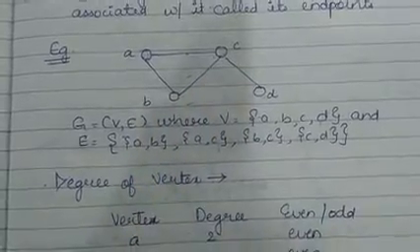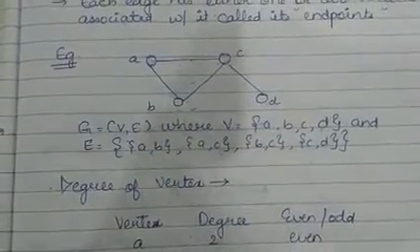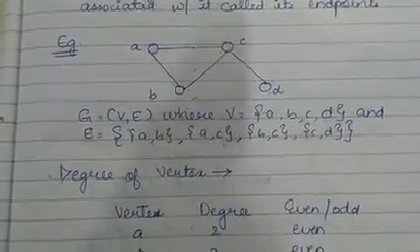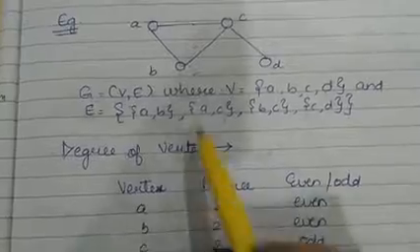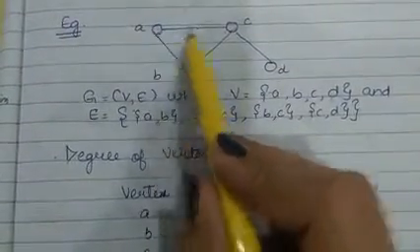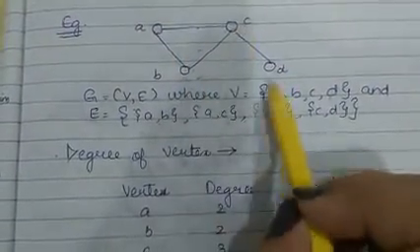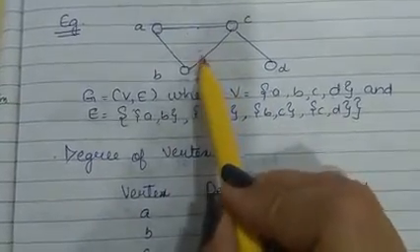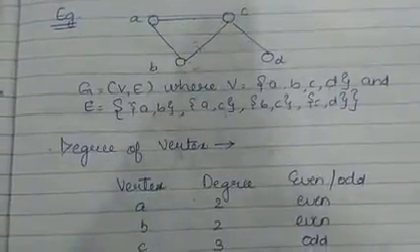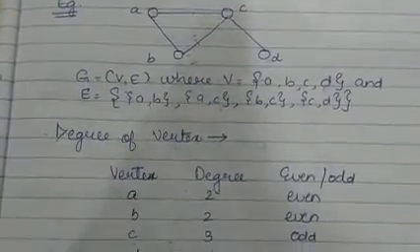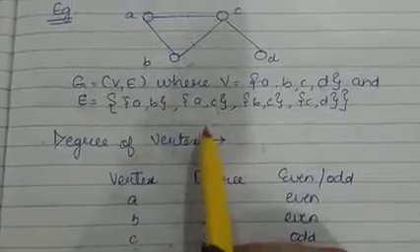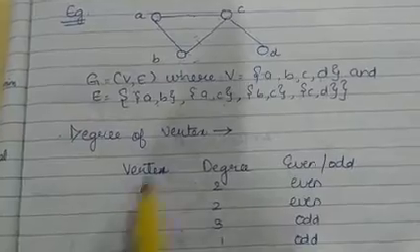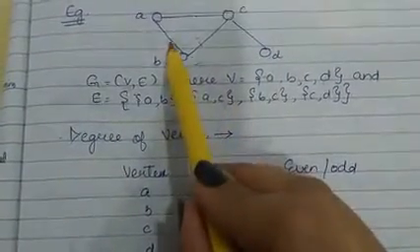Then we have the degree of a vertex. How can we find the degree of a vertex? Degree is the number of edges connected to it. Suppose we have vertices A, B, C, D, and we need to identify the degree of each vertex, and whether it is even or odd. What is the degree of vertex A?